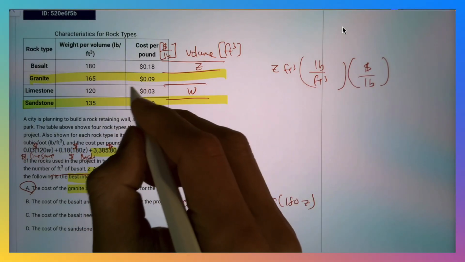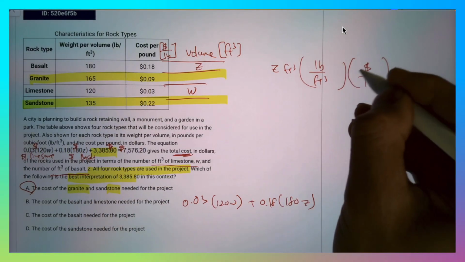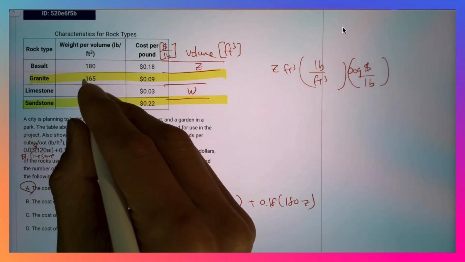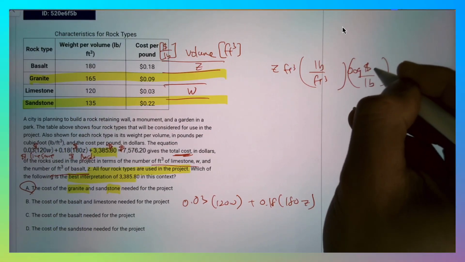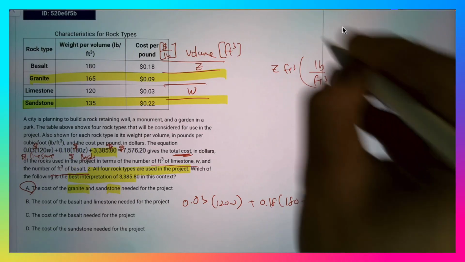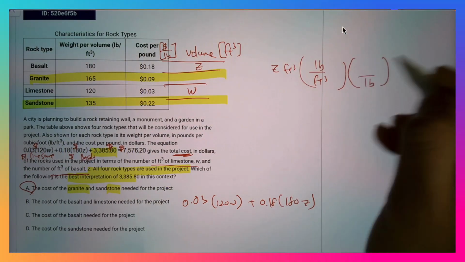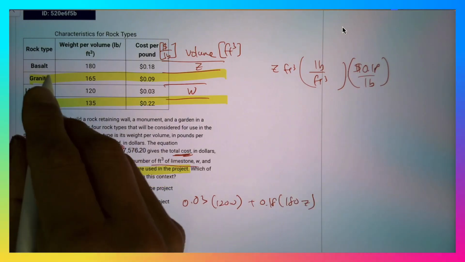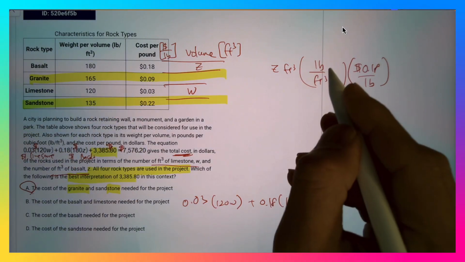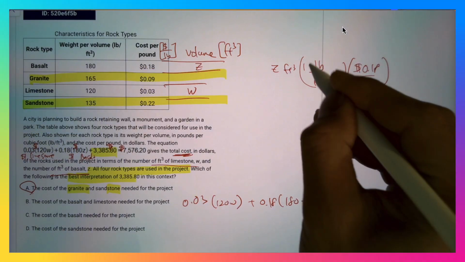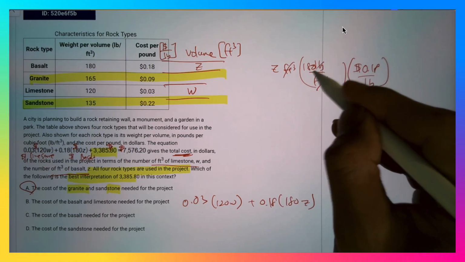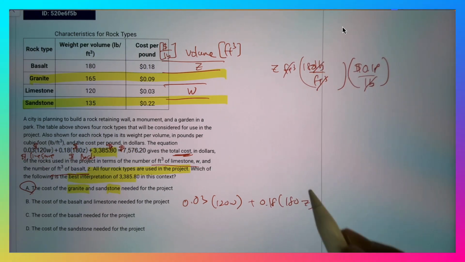So if we just put the number such as 0.09, and then actually it should be 0.18 for basalt, and 180 pounds per cubic foot. You can notice how cubic foot cancel, the pounds cancel to give you the dollar amount.